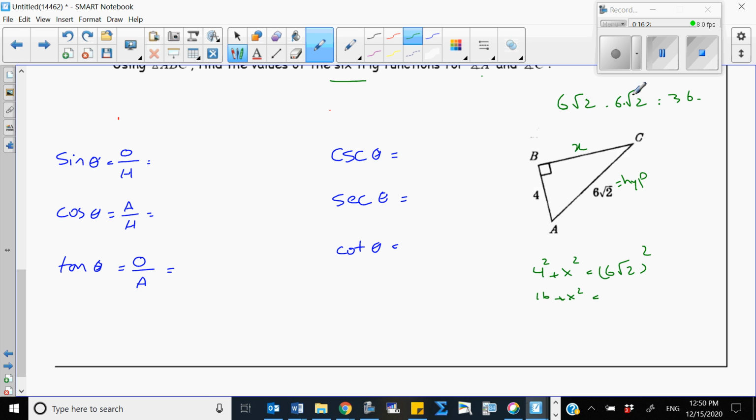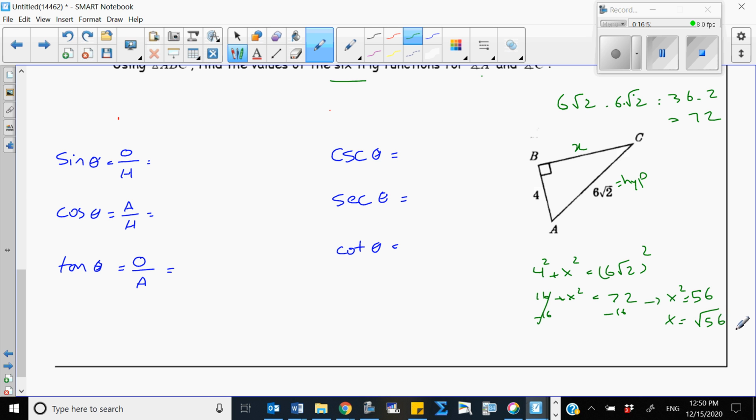Radical 2 times radical 2 is 2. So it will be 72. Now I subtract 16 from both sides, and x squared will be equal to 56. And x will be the square root of 56.